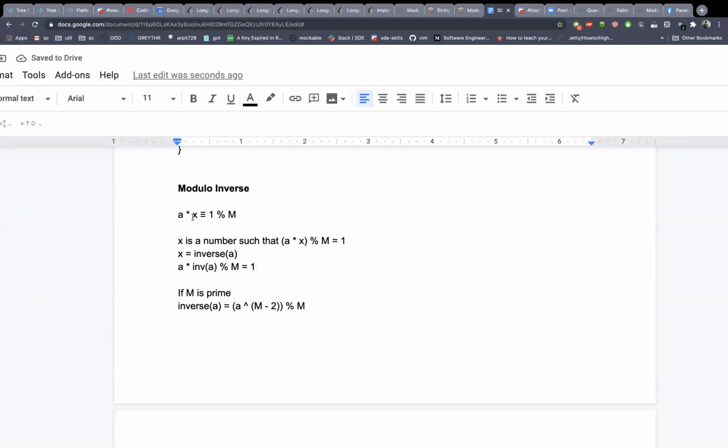So a inverse is basically a number that, if you multiply with a and take its modulo, then 1 should be the result. That we call the inverse. Okay. So you can think of it as a to the power minus 1.